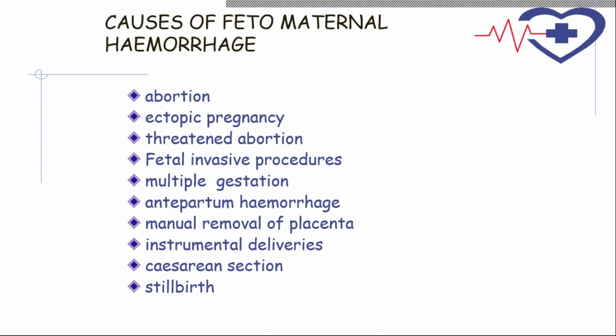Yes, coming to causes of feto-maternal hemorrhage, they can be abortion, ectopic pregnancy, threatened abortion, fetal invasive procedures including chorionic villus sampling and amniocentesis, multiple gestation, antepartum hemorrhage, manual removal of placenta, instrumental deliveries, cesarean section, and stillbirths.